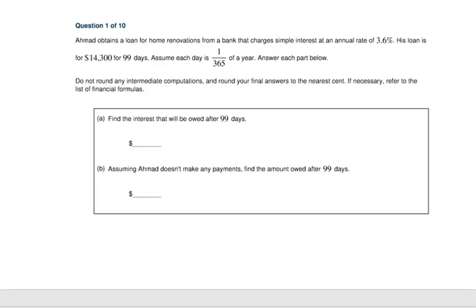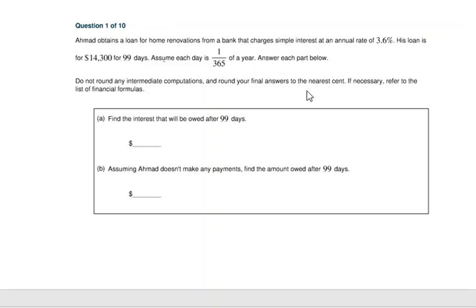Okay, so for this first one, it says Ahmed obtains a loan for home renovations from a bank that charges simple interest at an annual rate of 3.6%. His loan is for $14,300 for 99 days. Assume each day is 1/365th of a year.